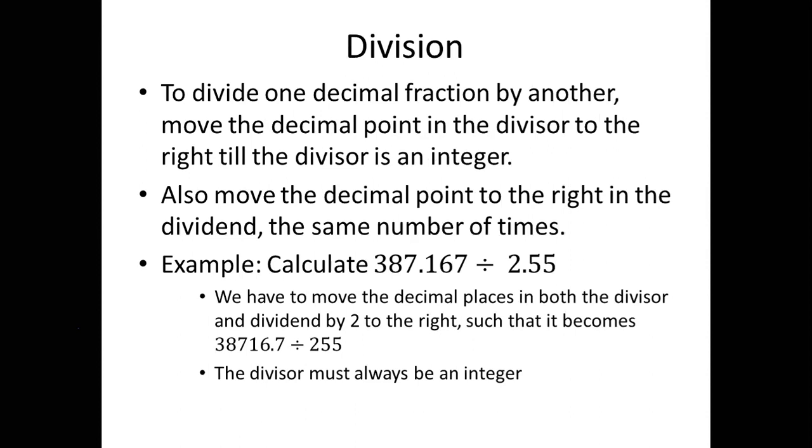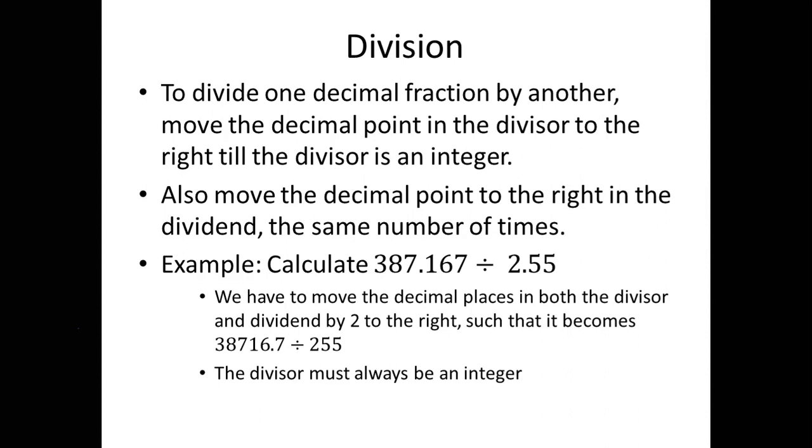We can also divide decimal numbers, and to do the division, always make sure that the divisor is an integer. Always make sure that the divisor doesn't have a decimal point, right?